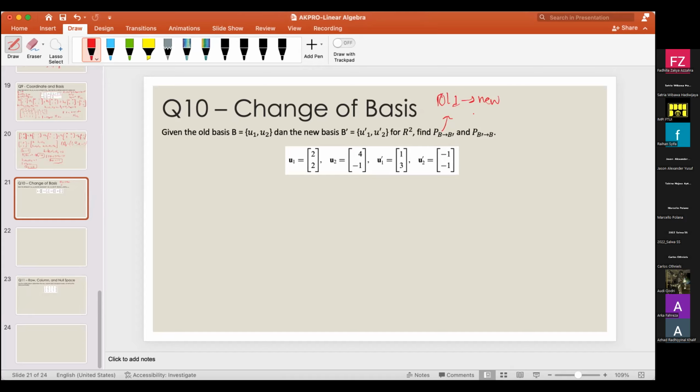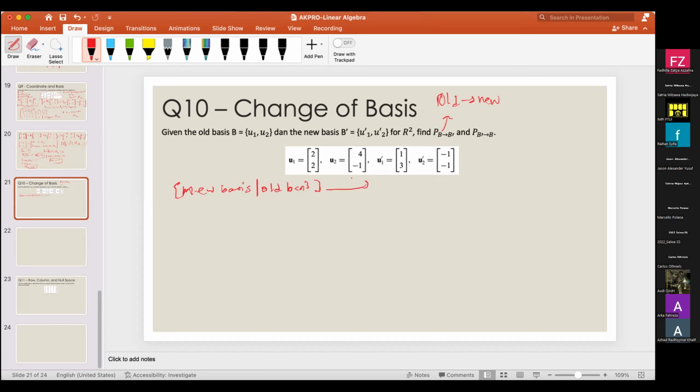If you look at your book, there's a quick way to solve this: let's say this is the new basis and this is the old basis.